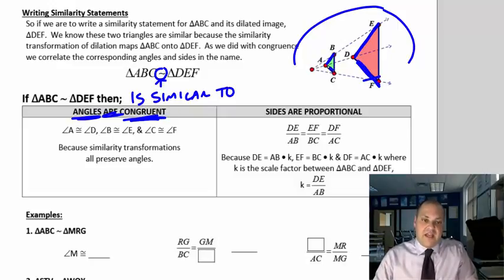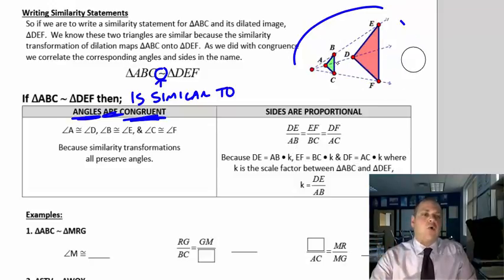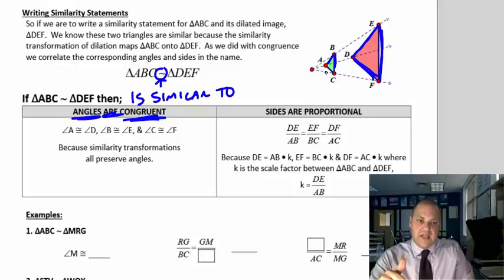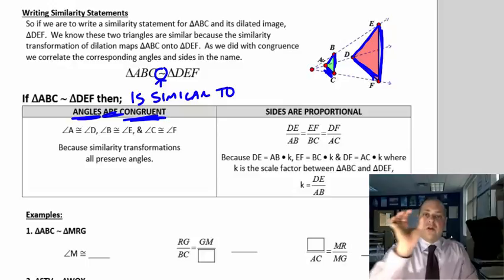DF is much longer than AC. But they are proportional. They increase by the same exact amount. Think corresponding sides: DE is to AB as EF is to BC as DF is to AC. The sides are in proportion.